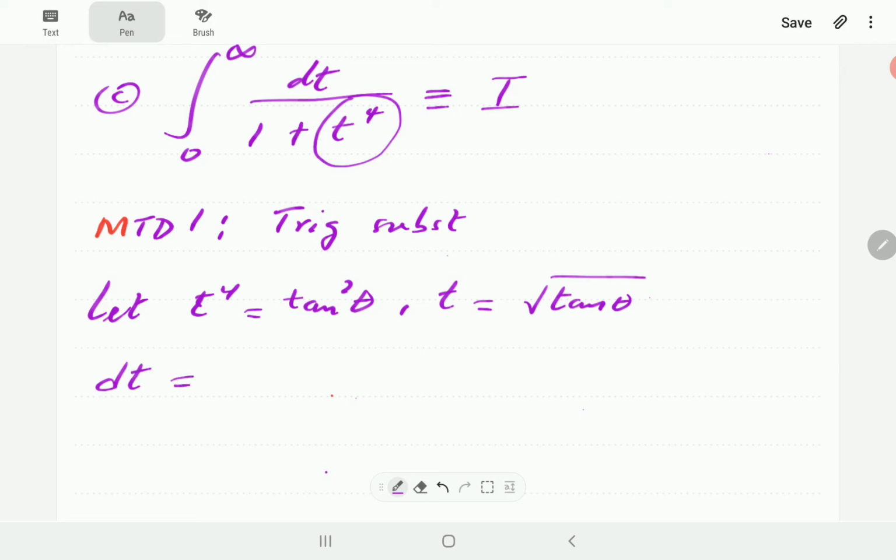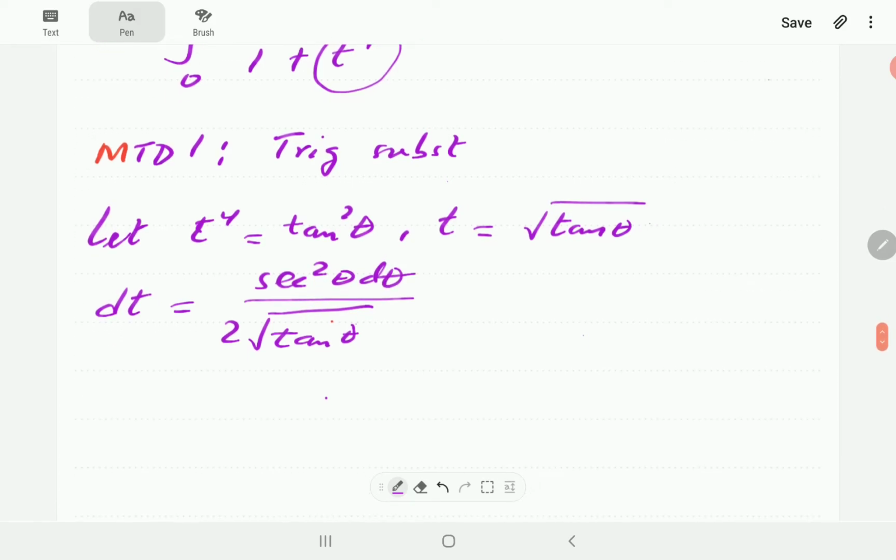Then dt, if we differentiate this, we multiply by 1/2 and subtract 1, gives us that, and then the derivative of tangent is secant squared, so that is going to be our dt.